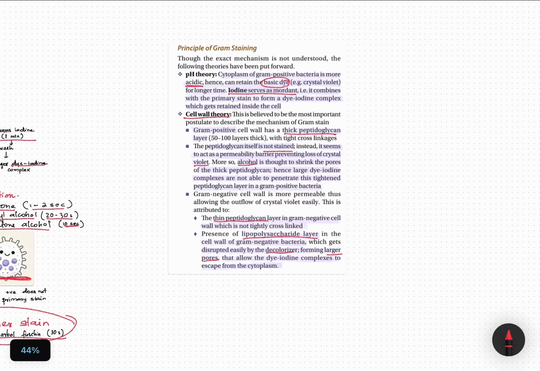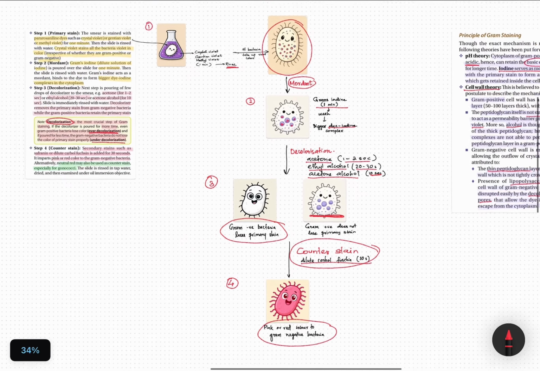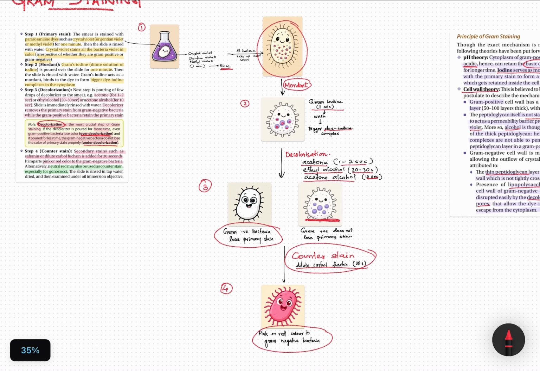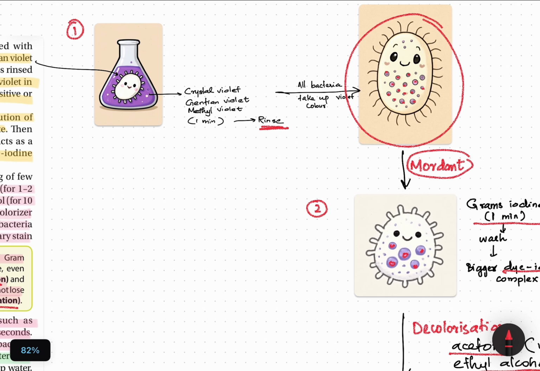So this is the very simple method to study the gram method. Just remember the flow chart I have shown here, and just remember the color of the solutions and the color that the bacteria takes up. You can easily remember this and easily reproduce it in your exam.